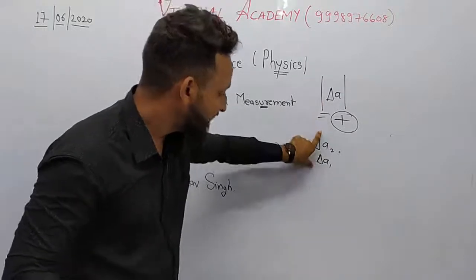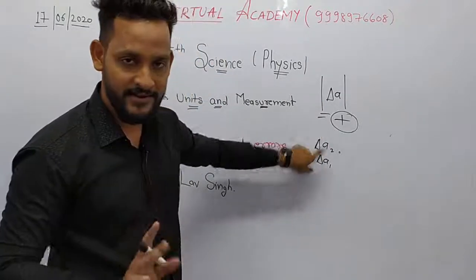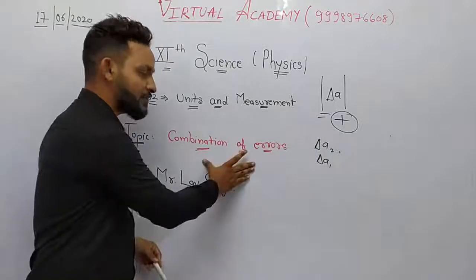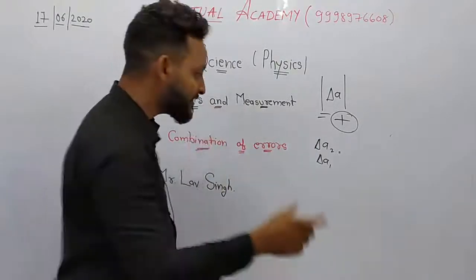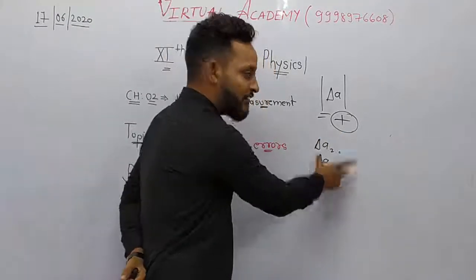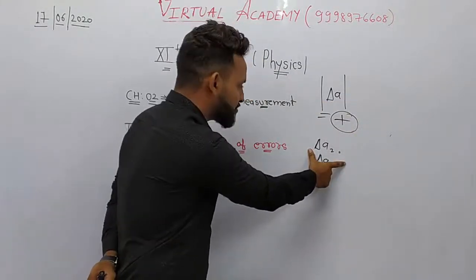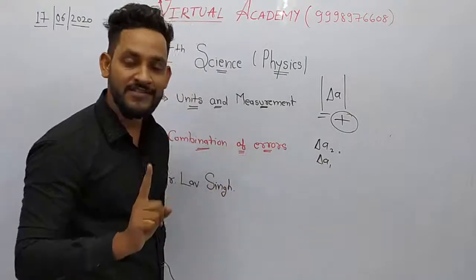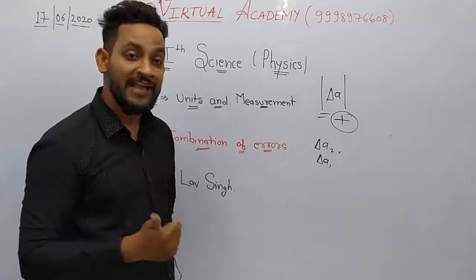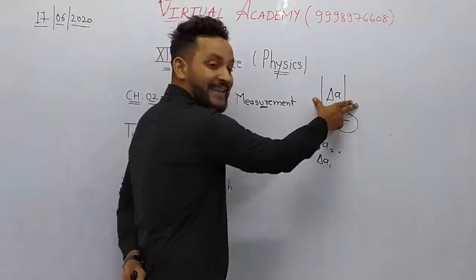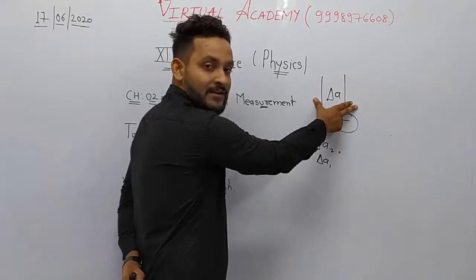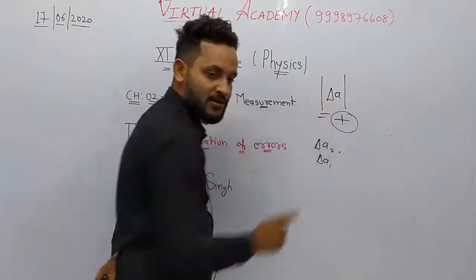Clear? After that, we have to start combination of error. So today we have to deal with that absolute error. When the value is not given in the modulus, it may be positive or negative, depending on the calculation. But if it is given in a mode, then it is always positive.